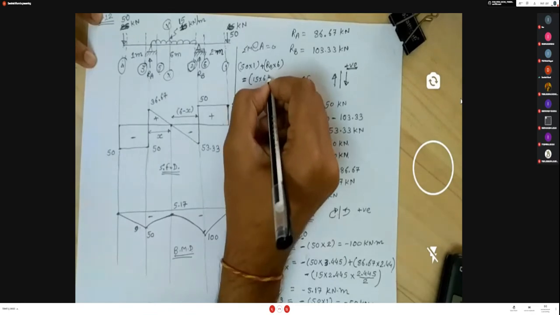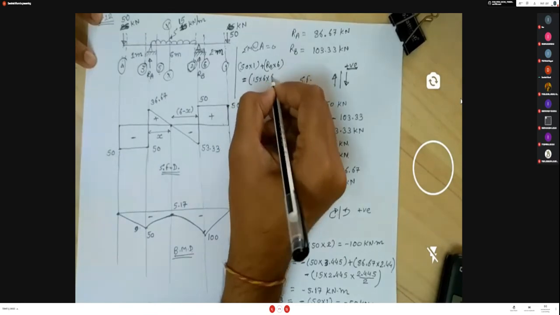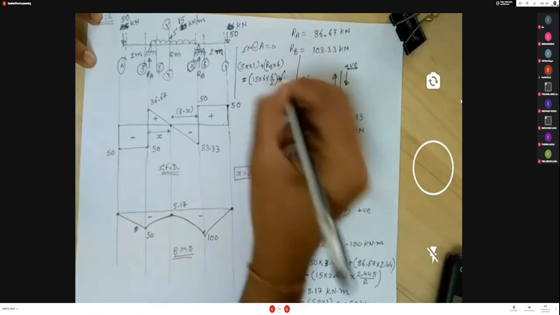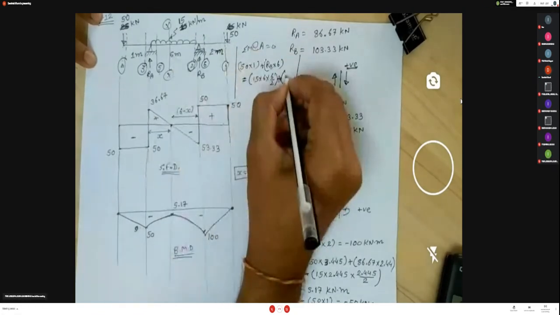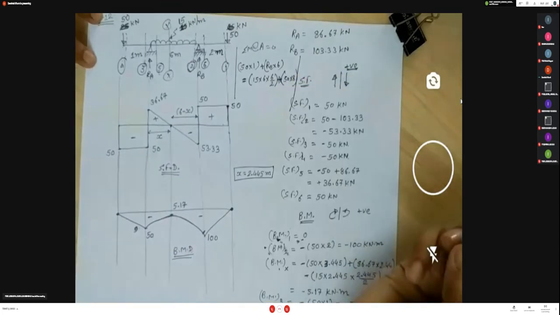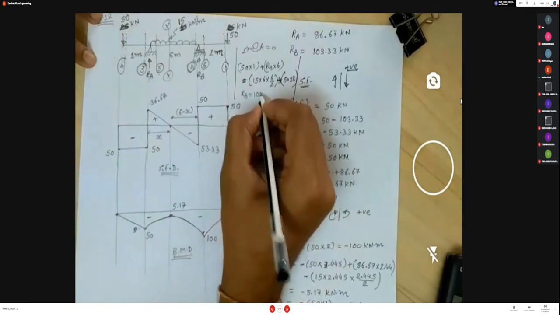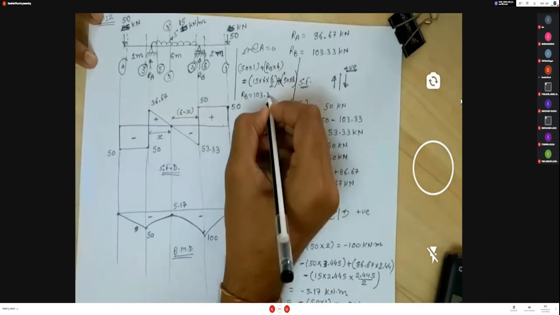So 15 into 6 into 6 by 2 plus 15 into 8. So you get RB as 103.33.